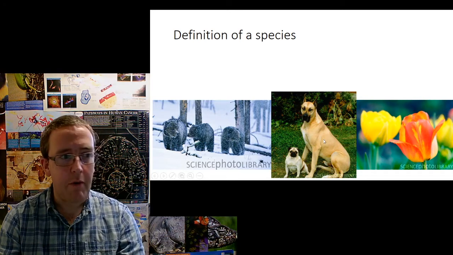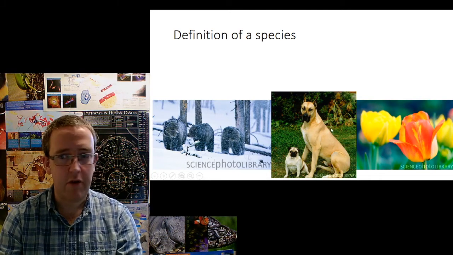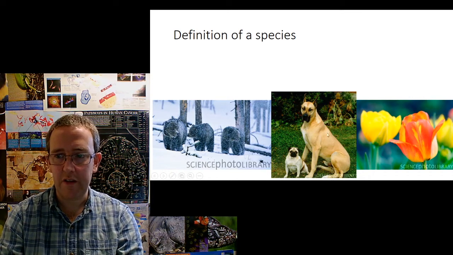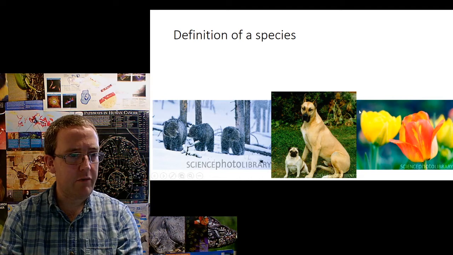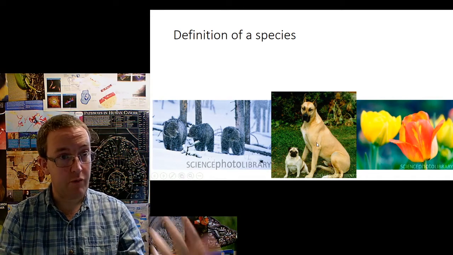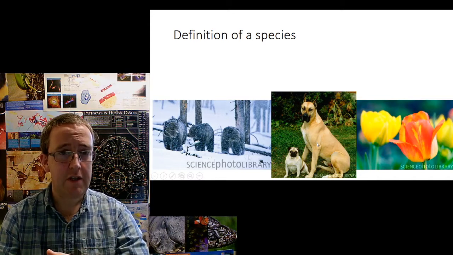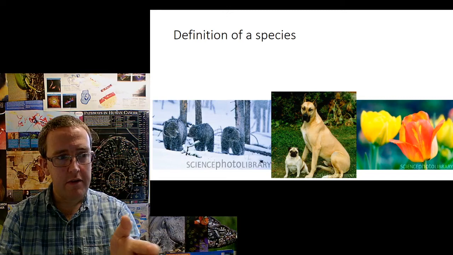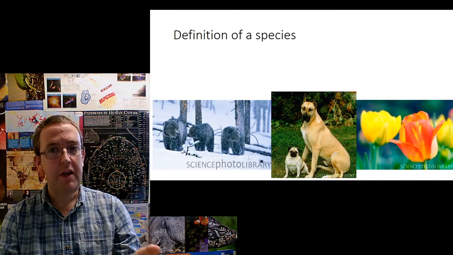Well, we know they're both dogs, so dog is a species, right? But from just looking at them, if you didn't know anything about dogs, you might think, well, these are very different species. We would know that these are actually just different breeds or varieties of one species. So the question is, and this was presumably a question Wallace struggled with as well, when does a variety become a species? Right?